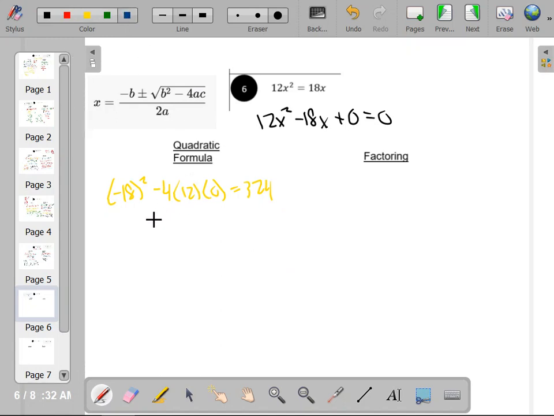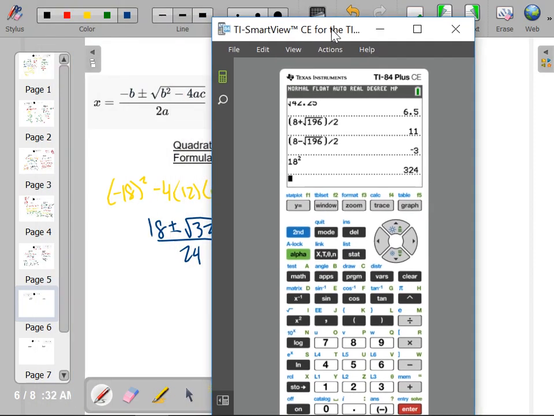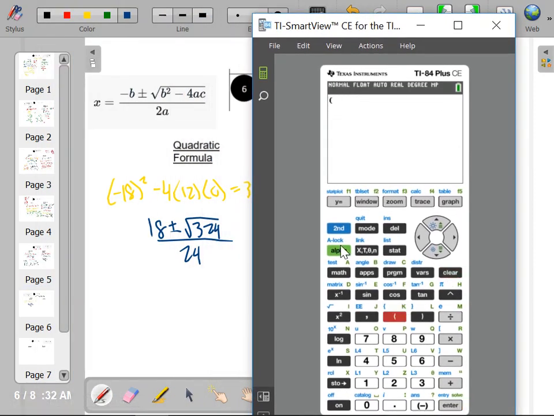Now we'll do the quadratic formula. The opposite of b, the opposite of negative 18 is positive 18 plus or minus the square root of 324, over 2a, 2 times 12 is 24. Now it's pure calculator work. From here on out, I just got to type it in. So numerator in parentheses, this 18 plus the square root of 324, which is going to be 18.